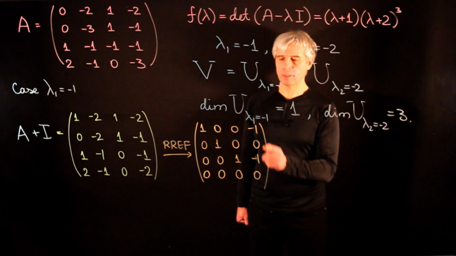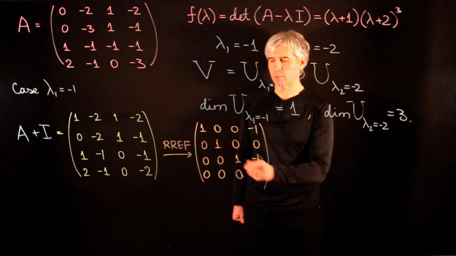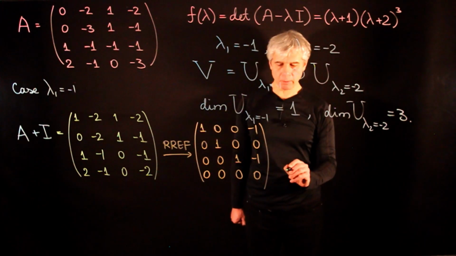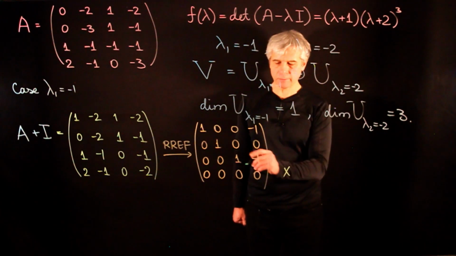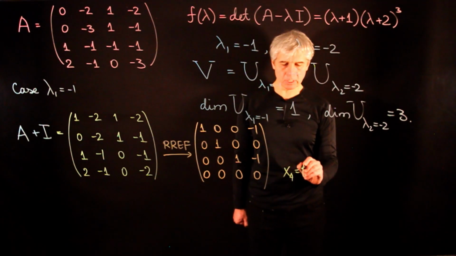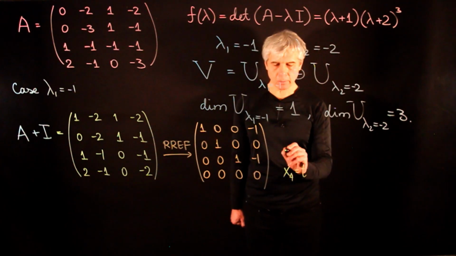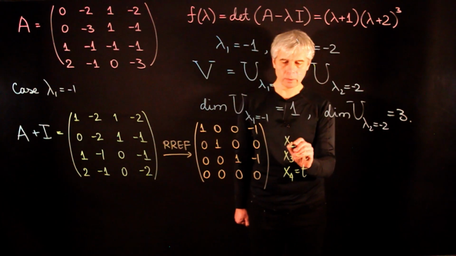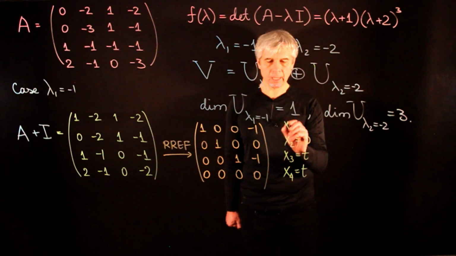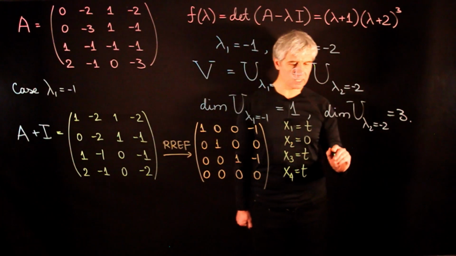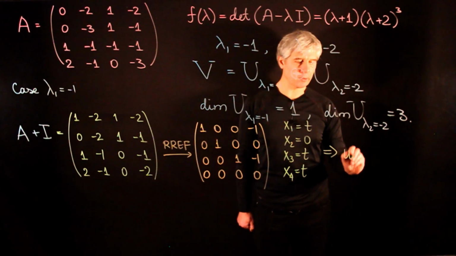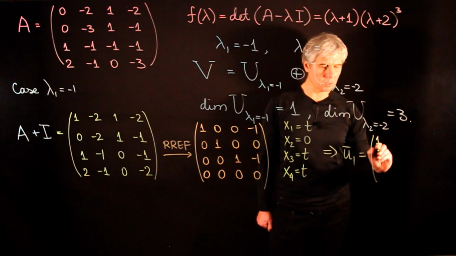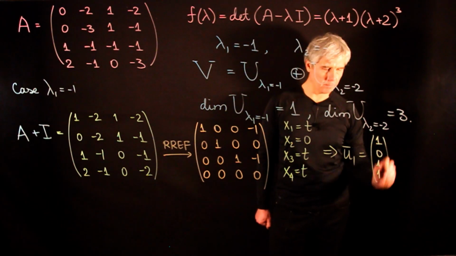Let us find the lambda equals -1 eigenvector for our matrix A. To describe the null space of this matrix, we see that x4 is a free variable, so we say x4 is equal to t. Then from the last equation we get that x3 is equal to t, then x2 is equal to 0, and x1 is equal to t. So we see that the eigenvector here, u1, is the following vector: (1, 0, 1, 1).